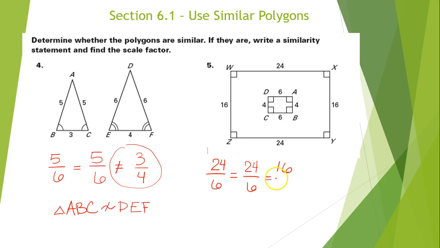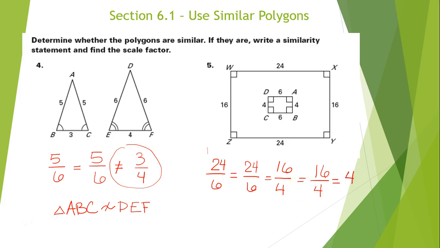So 16/4 here, and again, 16/4. Well, 24/6 is equal to 4. 16/4 is equal to 4. So this statement of proportionality is the same thing. It is equal to 4.